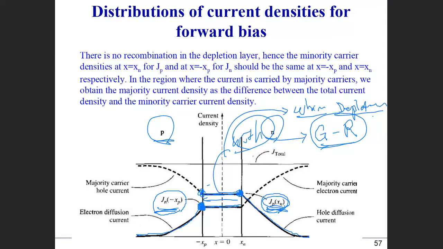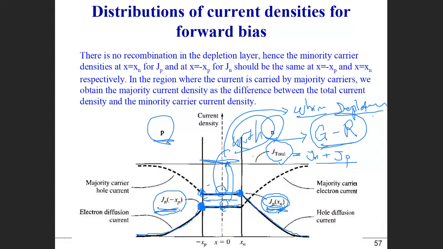Now, the total current comes from the electron current plus the hole current. Simply within the depletion region, if we add these two, that gives us the total current.